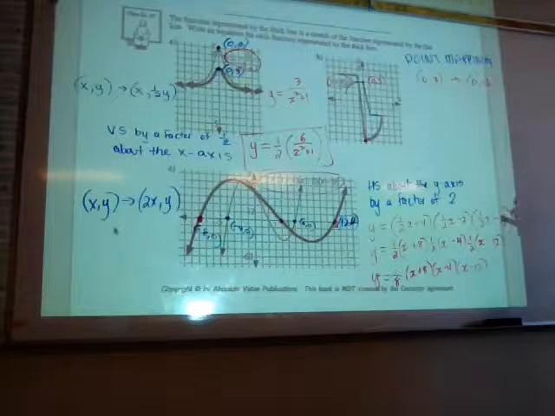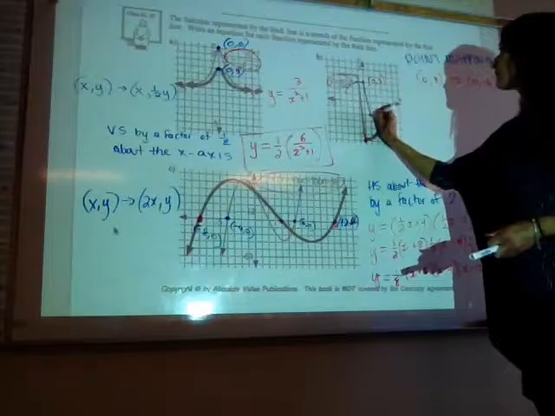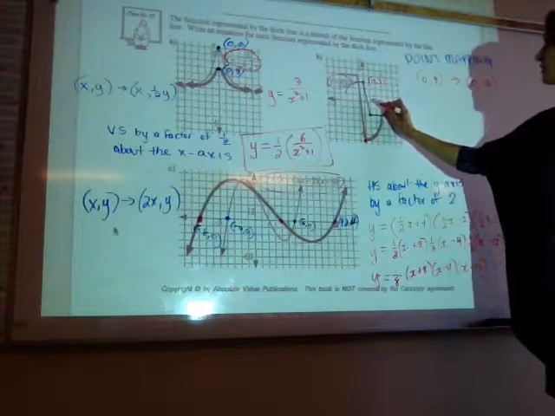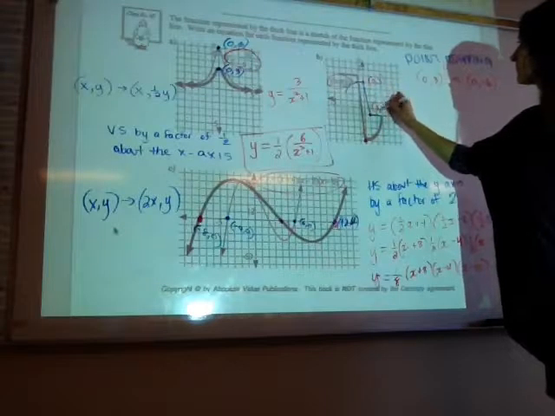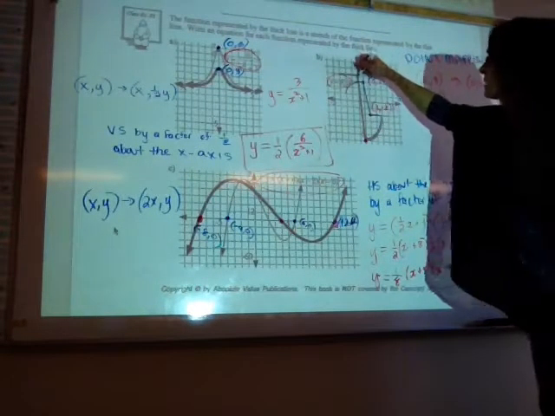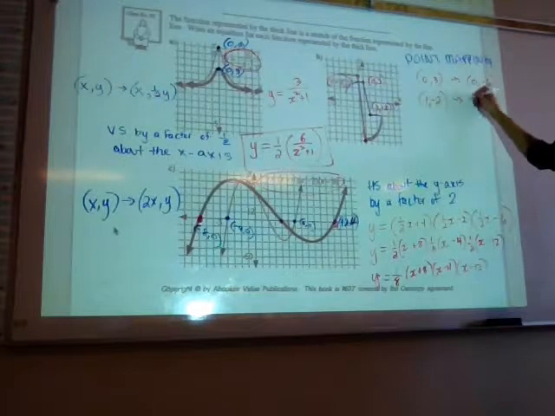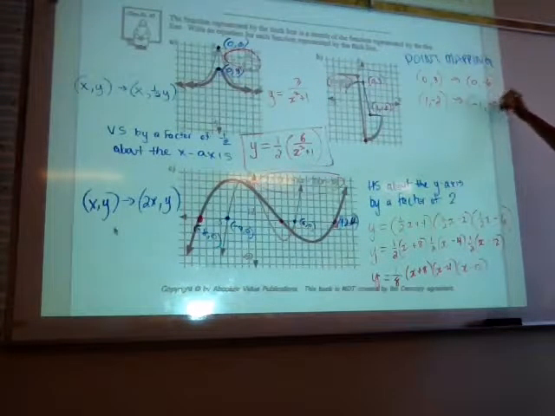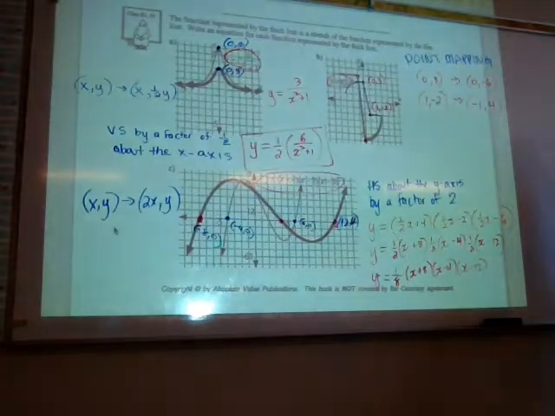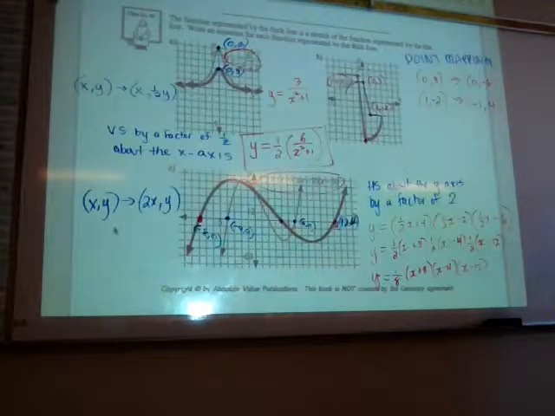Okay, let's look at another point. How about this one? So it started at 1, negative 2. Okay, 1, negative 2. Now where is it? It's up here. Negative 1, positive 4. Okay, we could look at a few other points, but maybe we'll just talk about these ones.